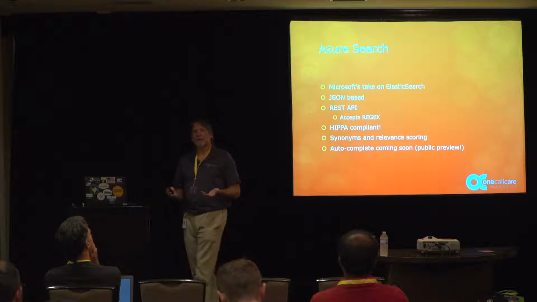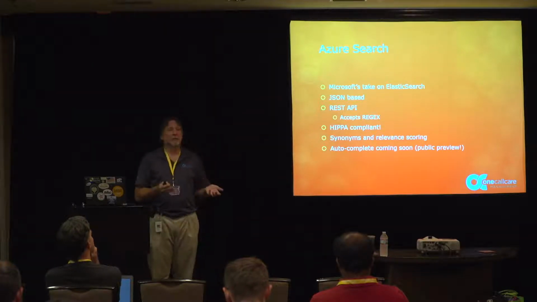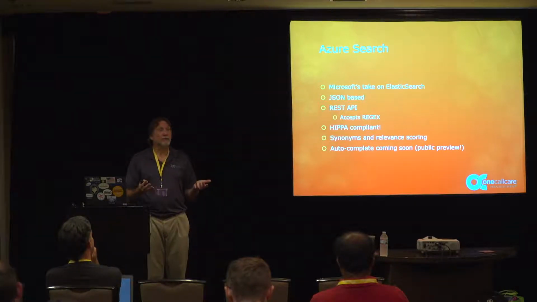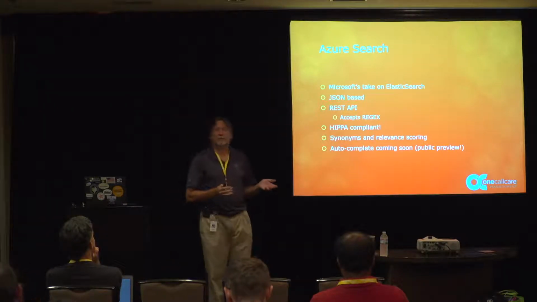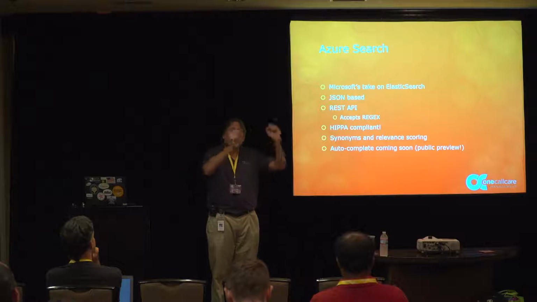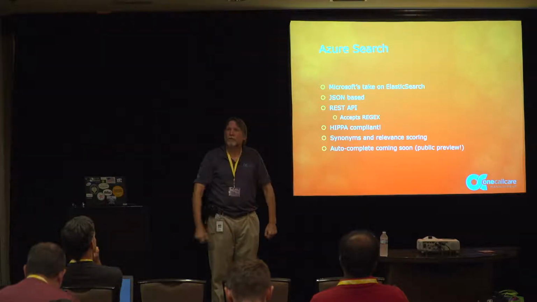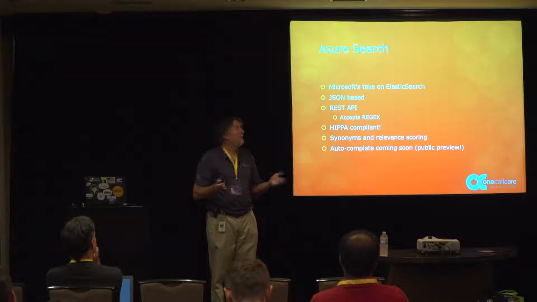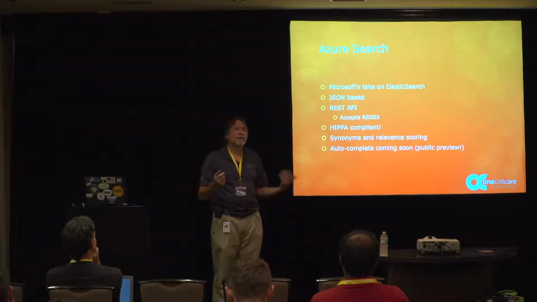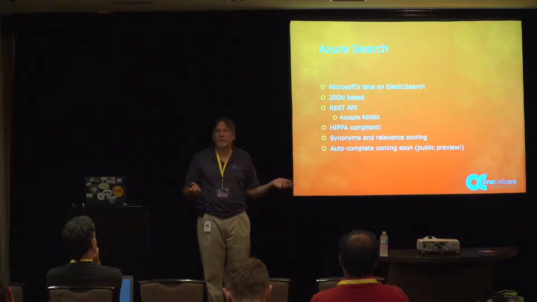Azure Search. Touched upon this earlier. This is really cool. It's, like I said, very similar to Elasticsearch. About the biggest difference between Azure Search and Elasticsearch is with Elasticsearch, when you throw your files in, it automatically figures out the data types. Azure Search, you have to state what your data types are in advance.